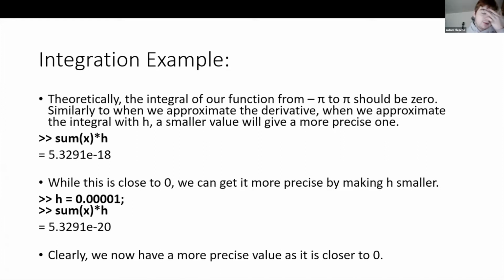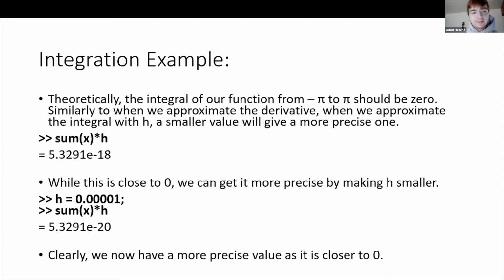An example for integration is kind of similar, except instead of dividing by h, we're going to be multiplying by h, much like dx, but we just chose to keep h for this example. Theoretically, the integral from -pi to pi for the function cosine of x should be 0.